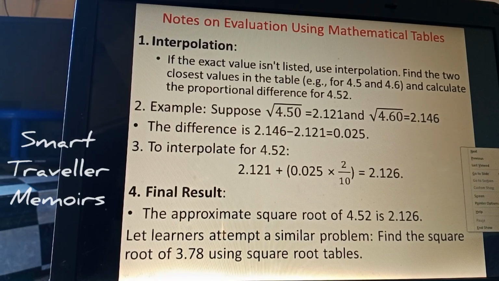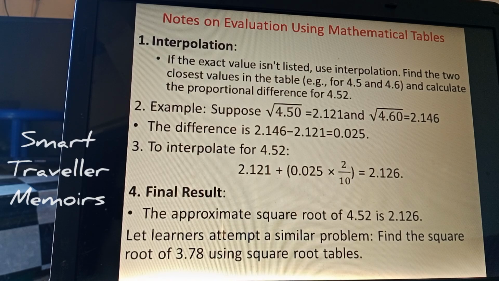To interpolate for 4.52, 2.121 plus 0.025, the difference, multiplied by 2 over 10, is equal to 2.126. The final result is that the approximate square root of 4.52 is 2.126. Let learners attempt a similar problem.